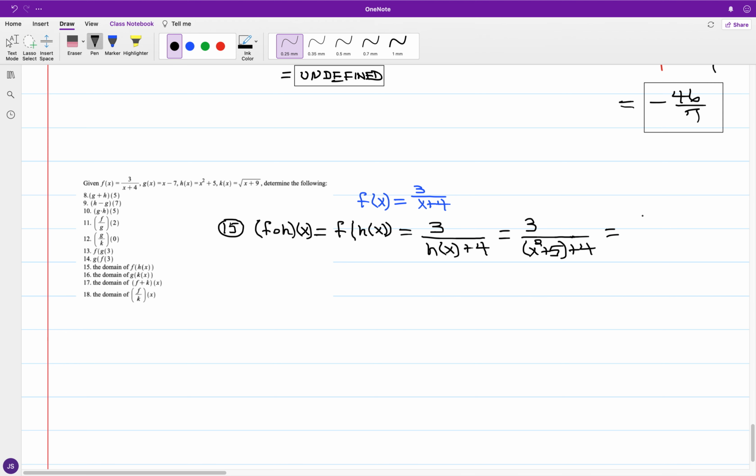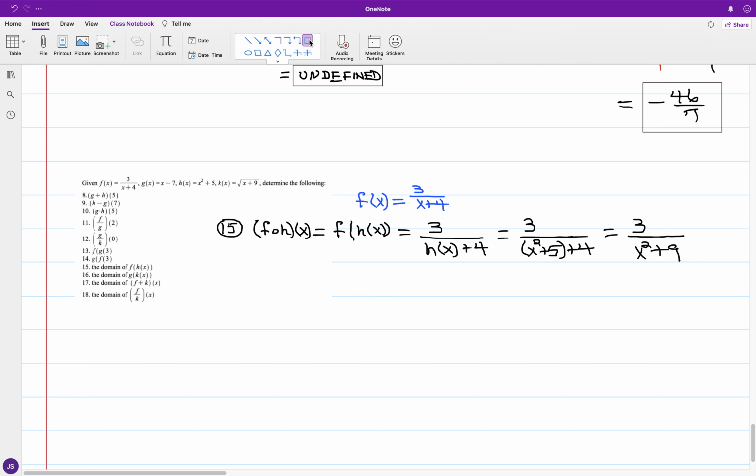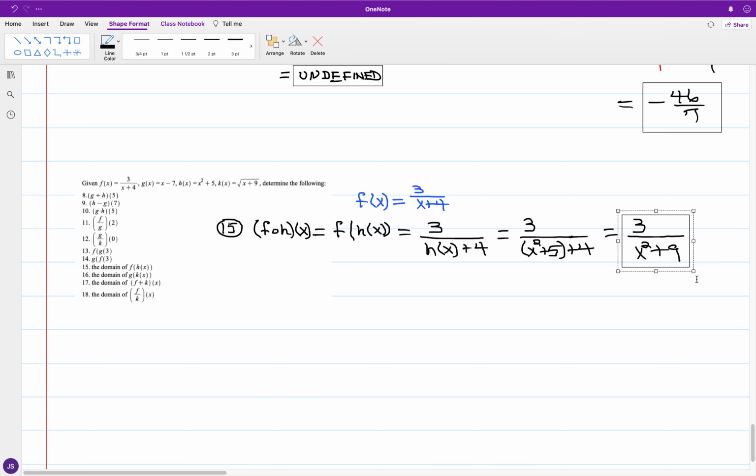Once I lump together the x squared and the constants, this will come out to 3 over x squared plus 9. So this is going to be your output in the case of f composed with h of x.